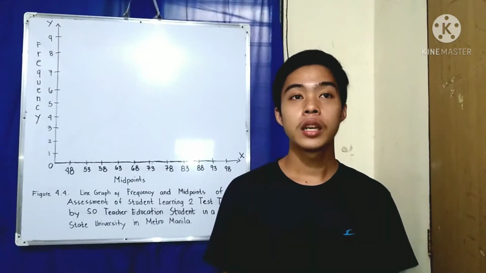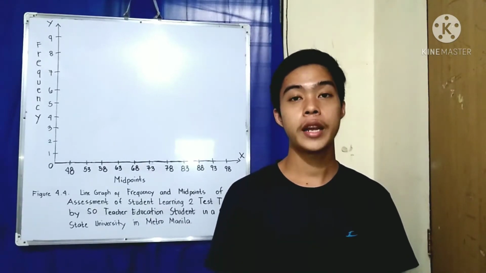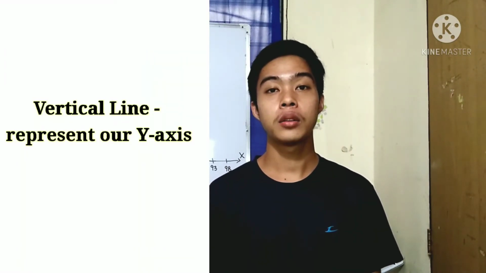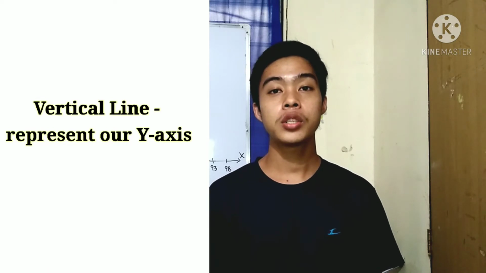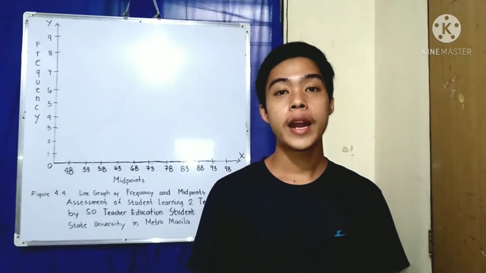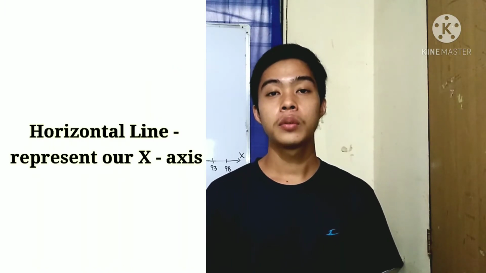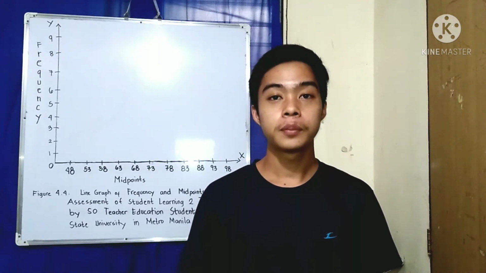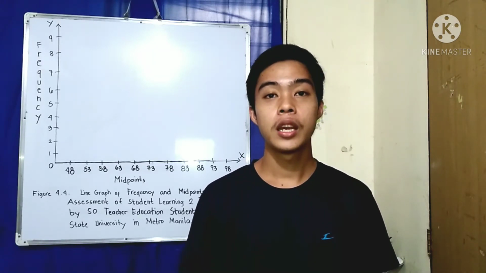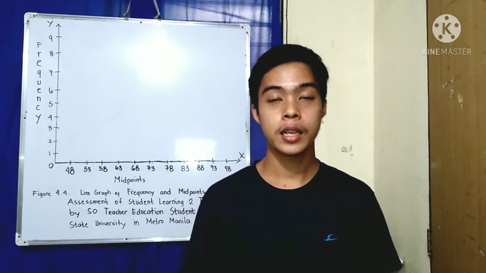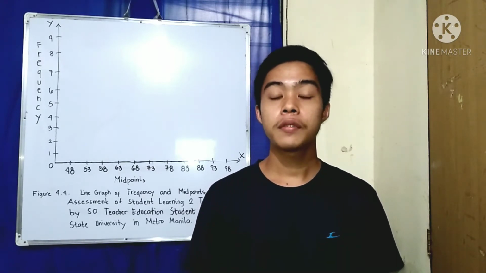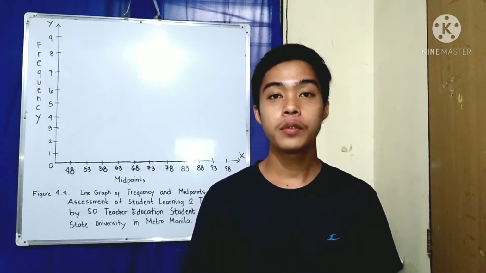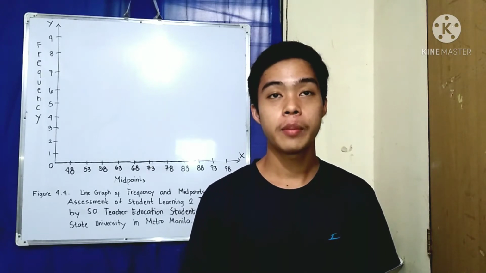But first, in creating your line graph, you will create the vertical lines, which represent our y-axis, and horizontal lines, which represent our x-axis. And then the frequency should be in the y-axis. So in getting the frequency, we should be careful to plot the numbers in the frequency.